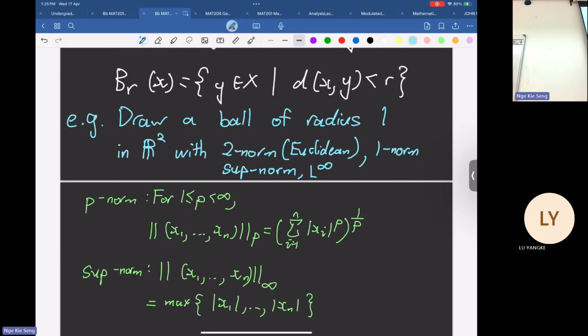This is the name for it. Yeah, work it out. Our n is just 2, so you need to stop at 2 here. Okay, and then work it out.